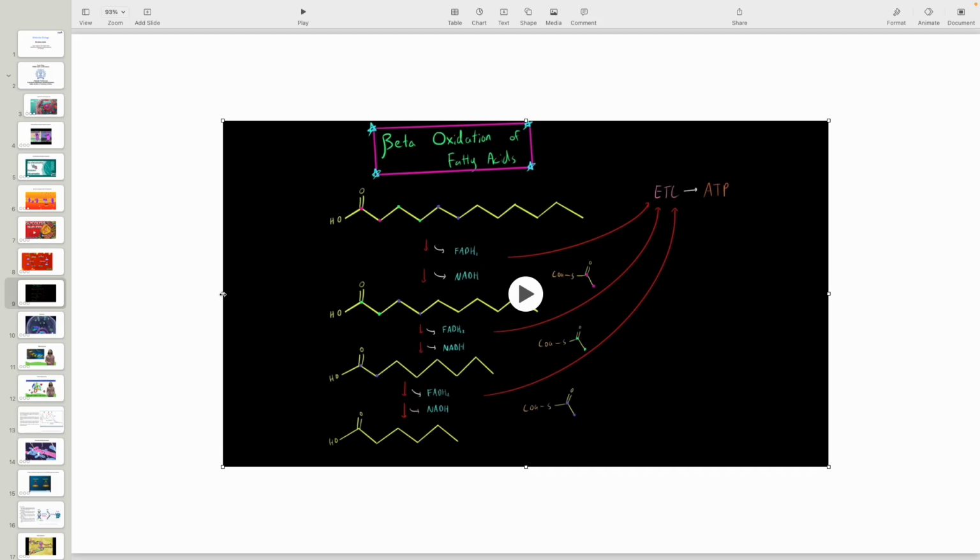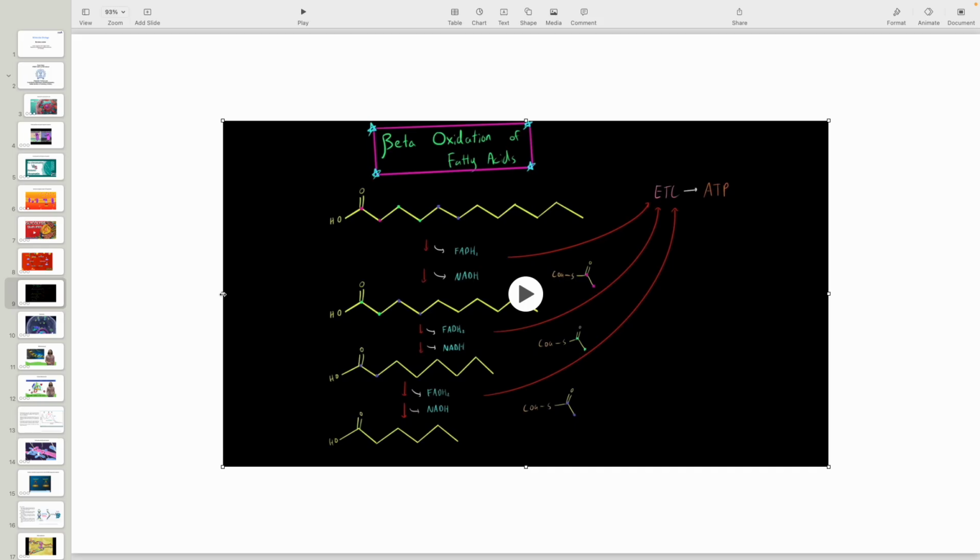So beta oxidation is again an energy producing step where the long chain fatty acids are used to create FADH2 and NADH, which are later used in the electron transport chain to produce the ATP required.